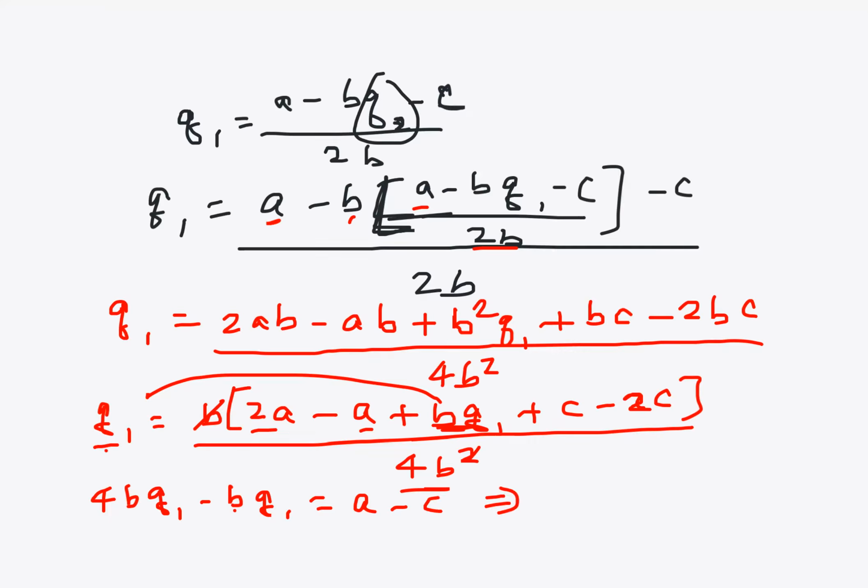So then it simplifies further. 4BQ1 minus BQ1 is 3BQ1, right? 3BQ1 equals A minus C. And therefore, Q1 is equal to (A minus C) over 3B, right? So this is the Nash equilibrium quantity for firm 1.